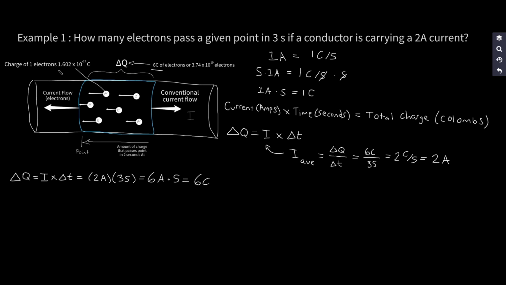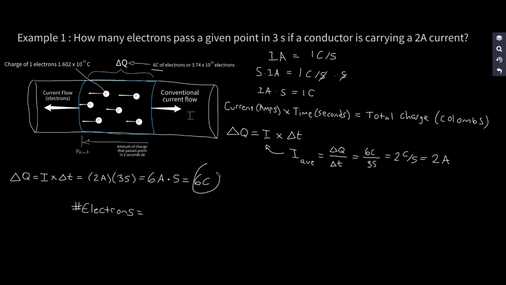1 electron has a charge of 1.602 times 10 raised to the negative 19th power coulombs. So if we want to find the number of electrons, what's the number of electrons equal to? Well, we want to know 6 coulombs worth of electrons.